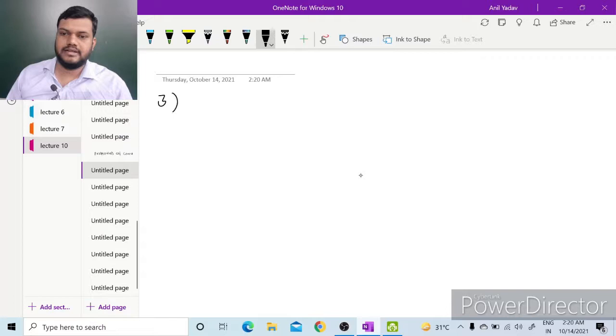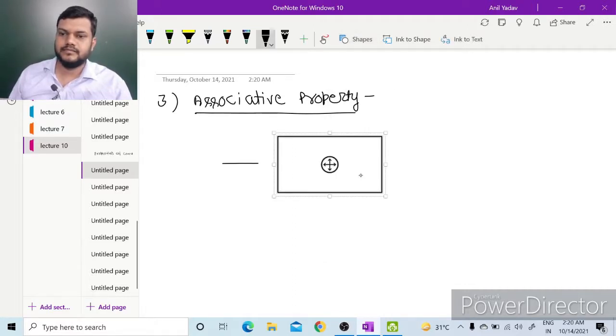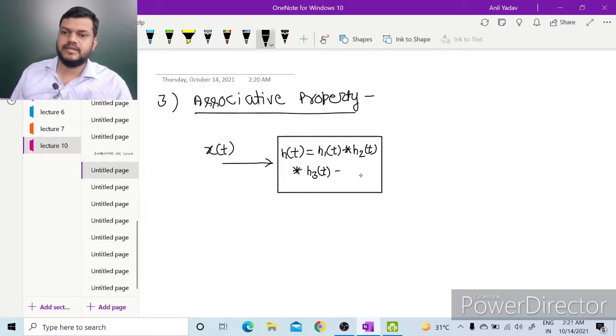Third property is associative property. So associative property says, let us say there is a system whose input is x(t) and impulse response h(t) is convolution of multiple impulse responses, h1(t) convolved with h2(t) convolved with h3(t) and so on.